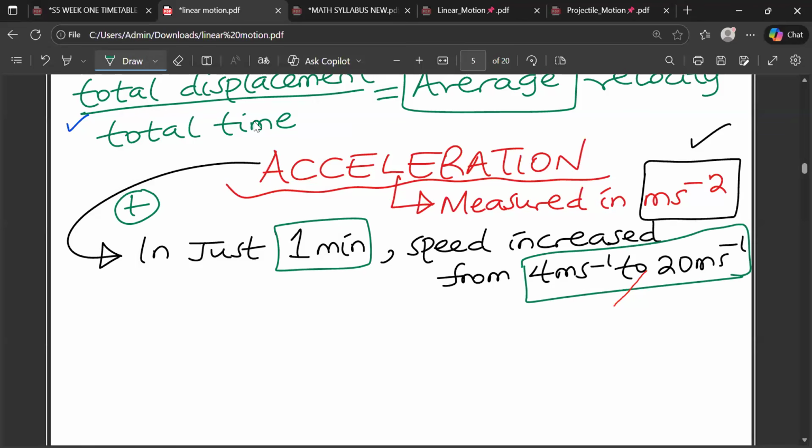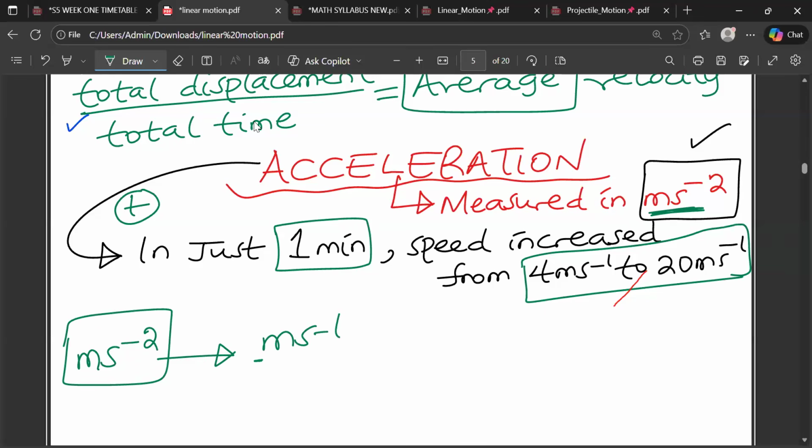We shouldn't forget time. That's why we have such a unit. Meters per square second came from meters per second over second. So it's like meters per second per second.